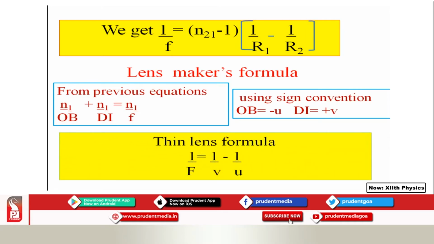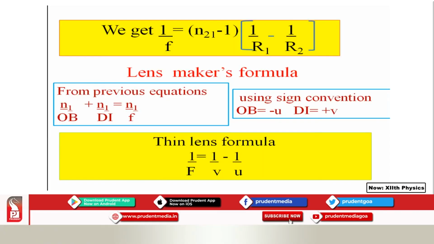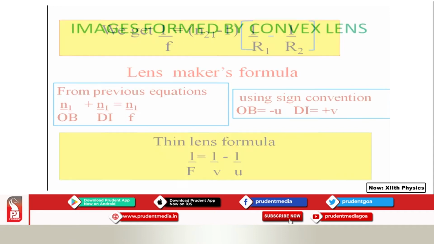So, over here we get the thin lens formula after substituting, and that is 1 by f equals 1 by v minus 1 by u. So, very important equations is on this particular slide. You know the mirror equation that we had got was 1 upon f equals 1 upon u plus 1 upon v. Over here slight change, we have 1 upon f equals 1 upon v minus 1 by u. So, this is about the lens maker's formula. So, let us go ahead.